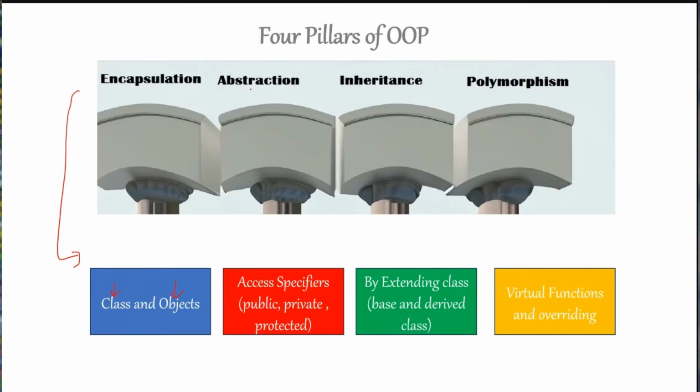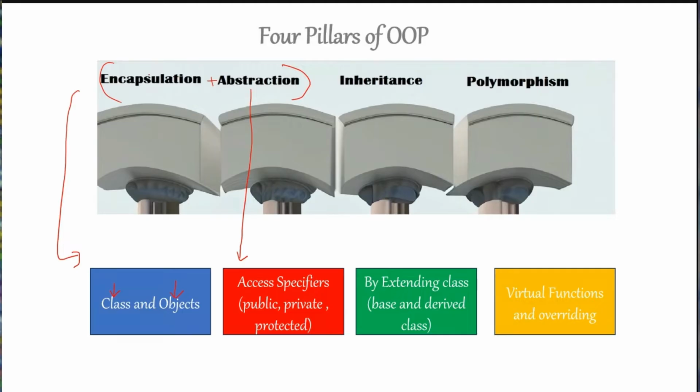The abstraction part is related to encapsulation. In some of the standard books, you will find these two pillars are the same, so they say that there are only three pillars, but in most of the books you will find four different pillars.